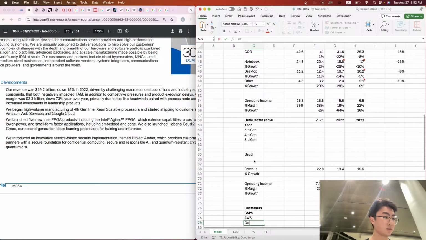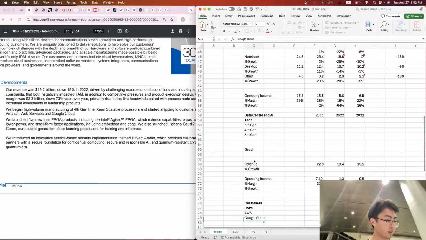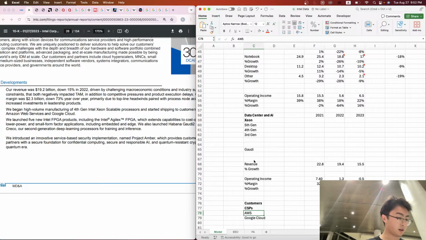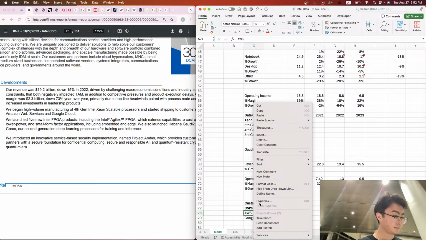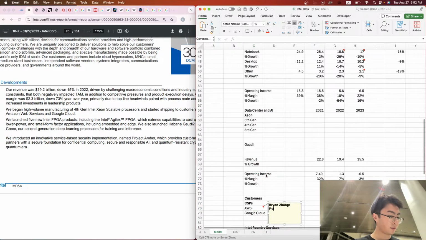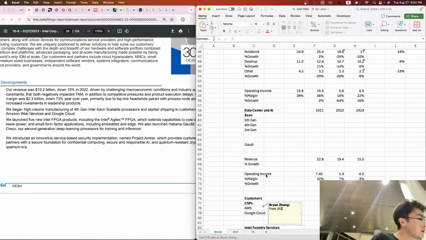US, Google Cloud, nice. And from 2020 to the 10-K.